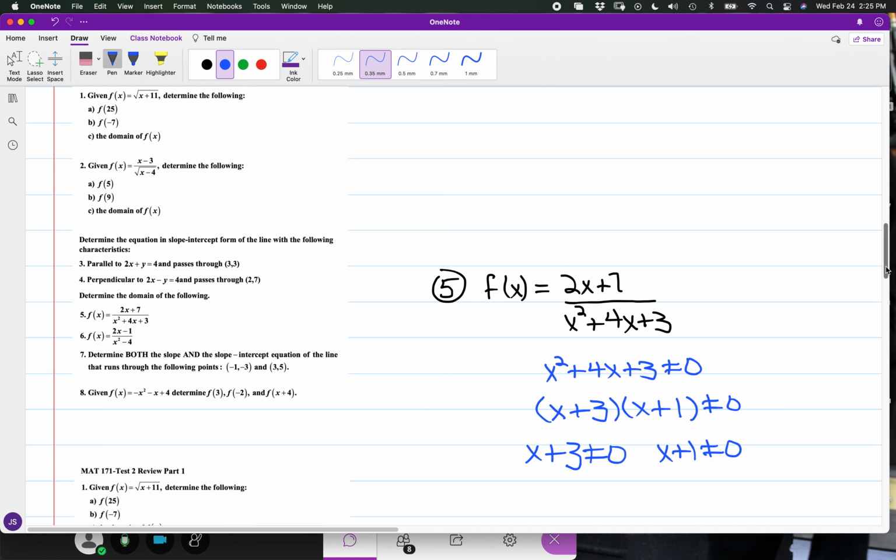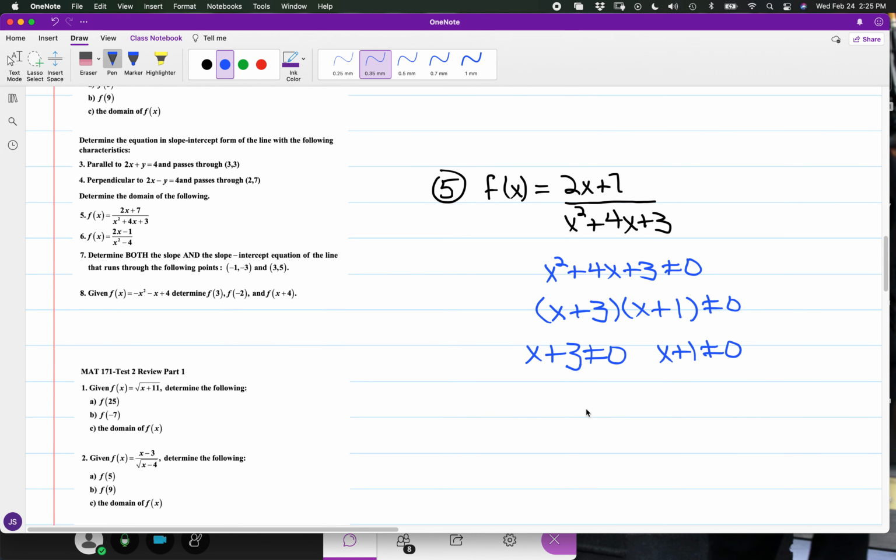So here we have x plus 3 cannot be equal to 0, so x cannot be equal to negative 3. Also, x plus 1 cannot be 0, thus x cannot be negative 1.